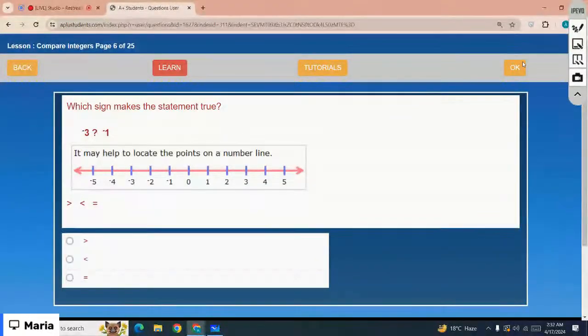Negative 3 and negative 1, which is the correct option? The correct option is negative 3 is less than negative 1, right?